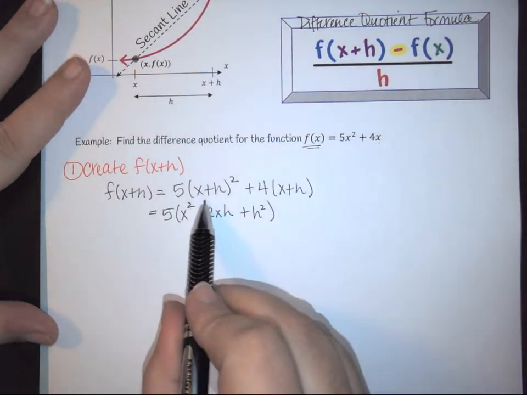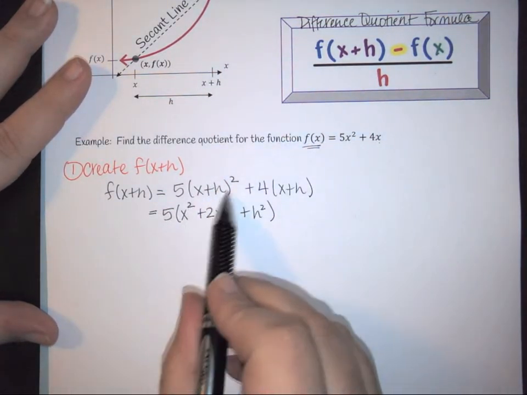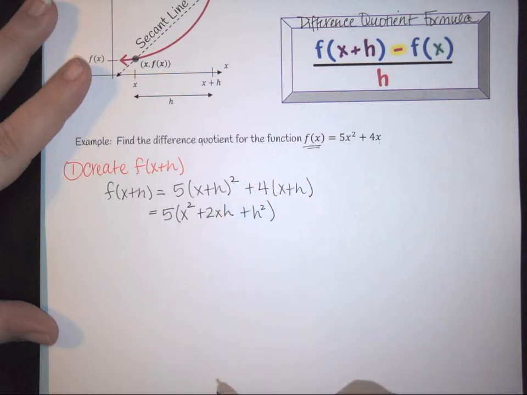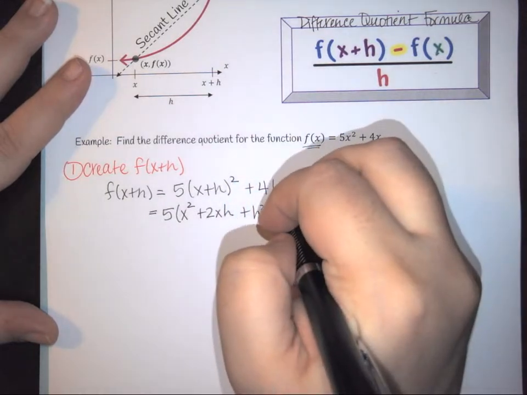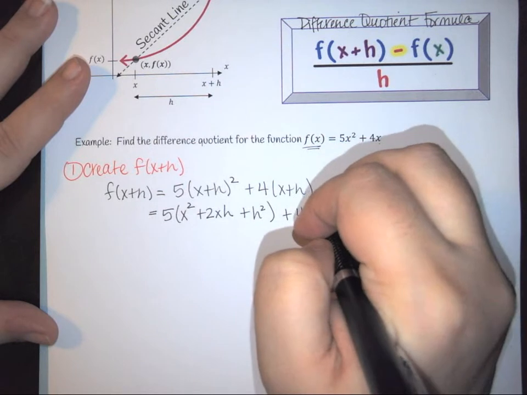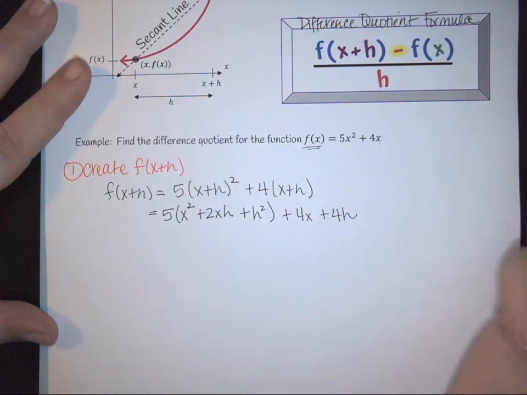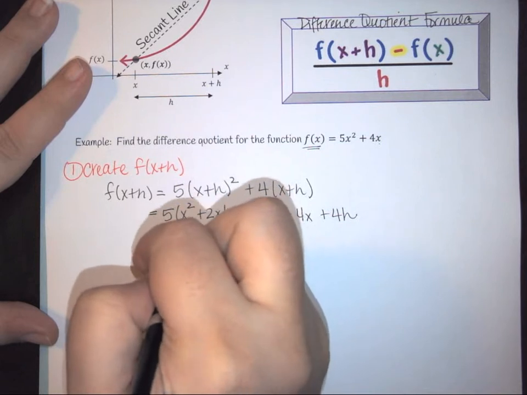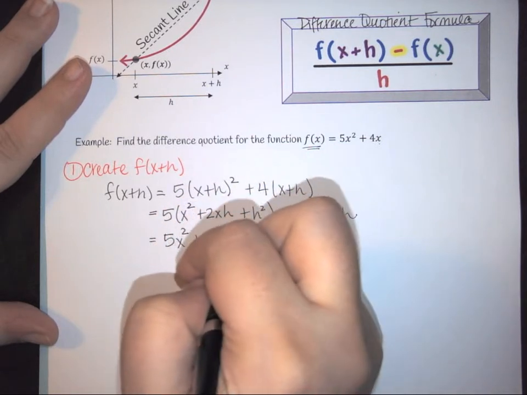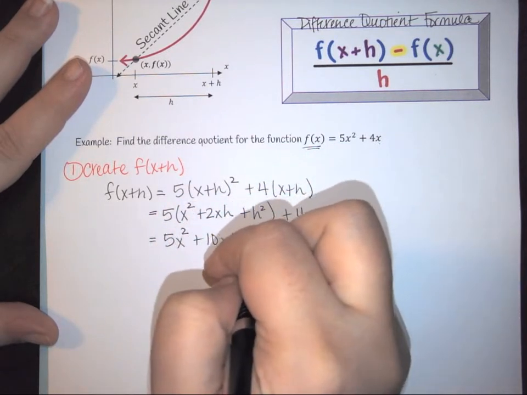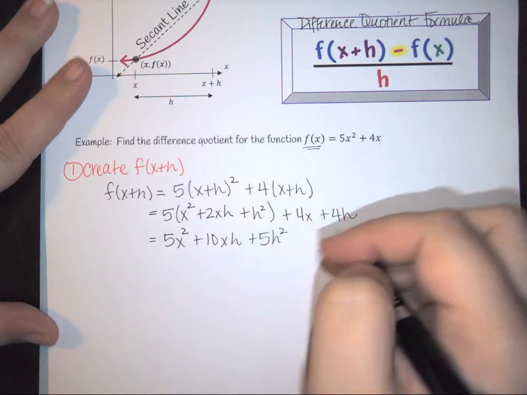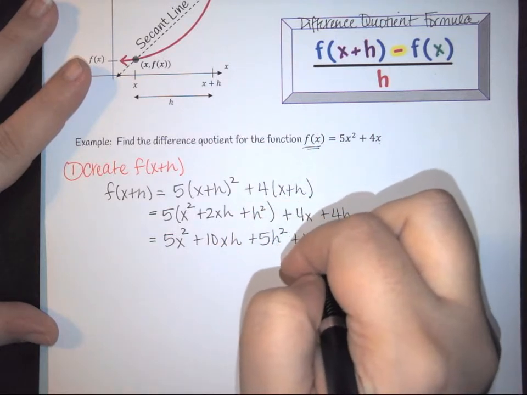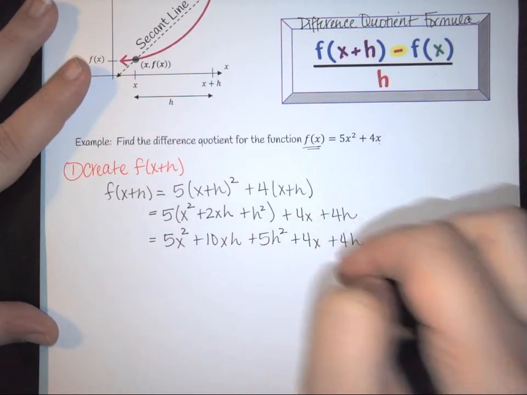If you want to know how we did that, we FOIL this together because the 2 here tells me I have 2 of them. And then this is going to be plus a 4x plus 4h. Distribute that 5 through, and we have 5x squared plus 10xh plus 5h squared plus a 4x plus my 4h.